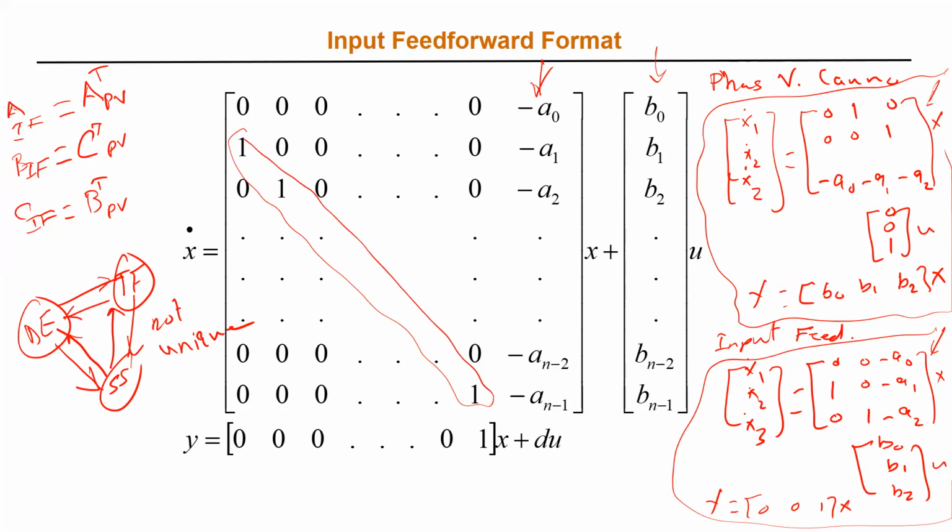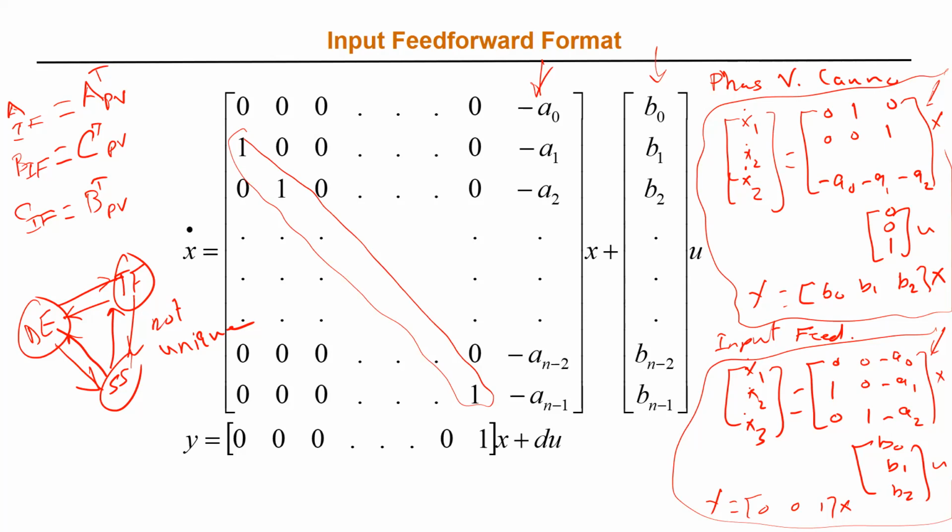But if you go from transfer function to state space, it is not unique; you will have infinitely many representations. All of them are equivalent from the input-output point of view. Other questions? Doctor, that's why we have phase and input feed forward representations, because converting from transfer function to state space is not unique. It's not unique.